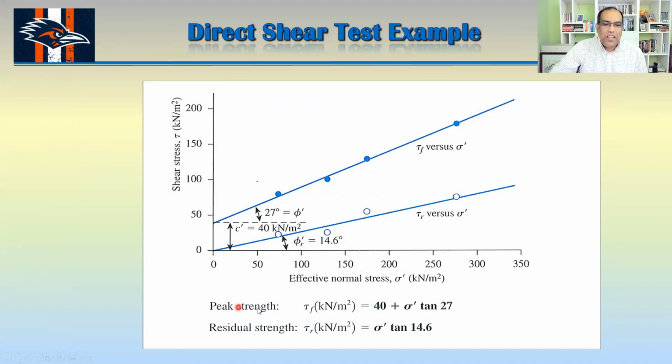So for your peak shear strength, tau F equals sigma tan 27 plus 40. On the other hand, for residual strength, tau residual is equal to sigma tan 14.6 plus C, where C equals 0 because it's passing through the origin. Okay, so that's basically the answer.